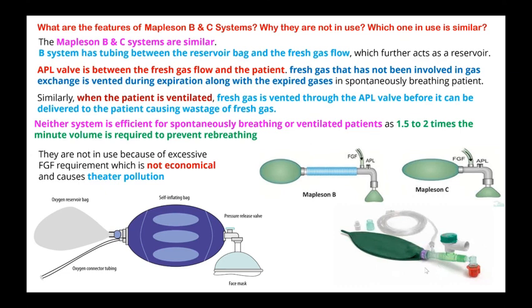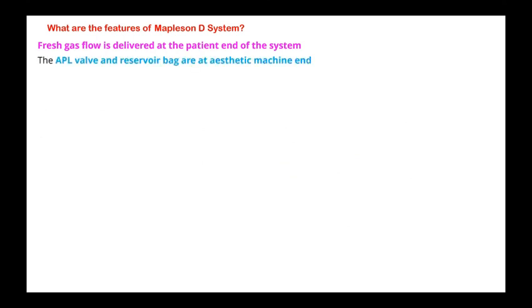And this is another circuit, mainly used for both resuscitation as well as for anesthesia purposes for the patient. It can be used in the OT also. The Mapleson D system has fresh gas delivered close to the patient, and it has the APL valve and reservoir bag towards the anesthesia machine.